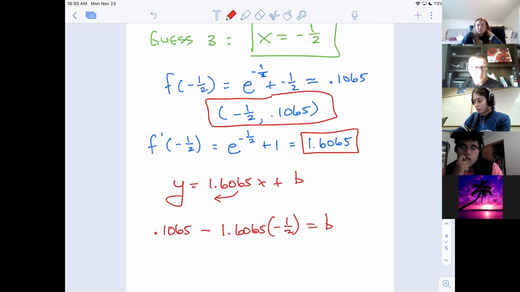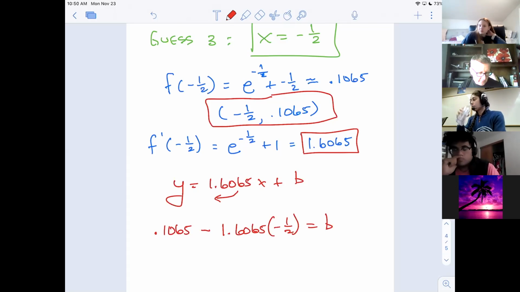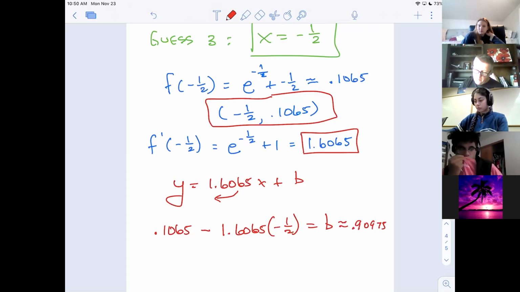Isn't that what I do to get b? So my calculator says 0.1065 minus 1.6065 times negative a half is 0.9090975, and so I found my equation.